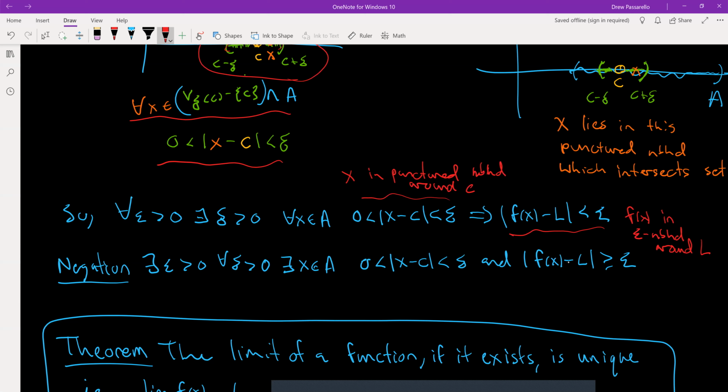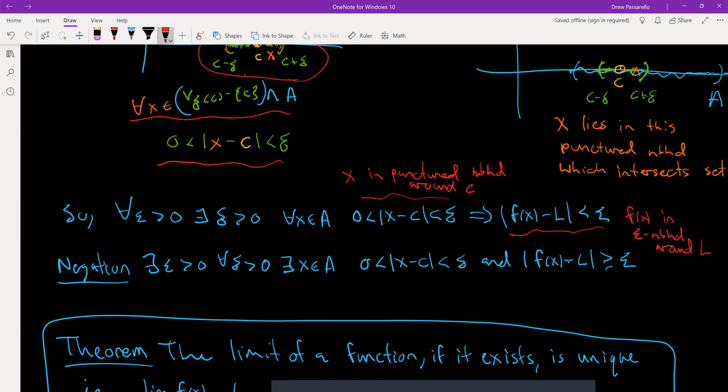Now notice the negation of this statement, just to talk about that. The negation of the statement is you're going to reverse the quantifiers. So for all epsilon becomes there exists an epsilon. And then there exists a delta turns into for all delta.